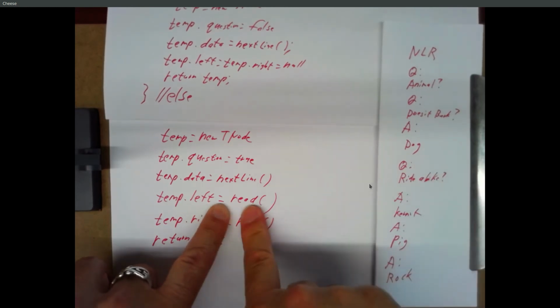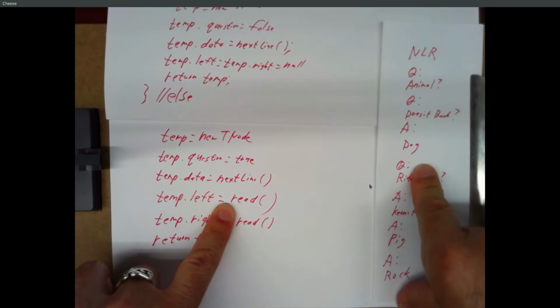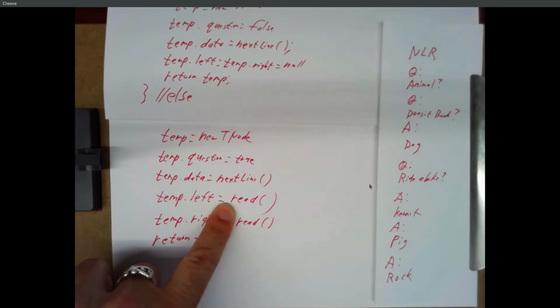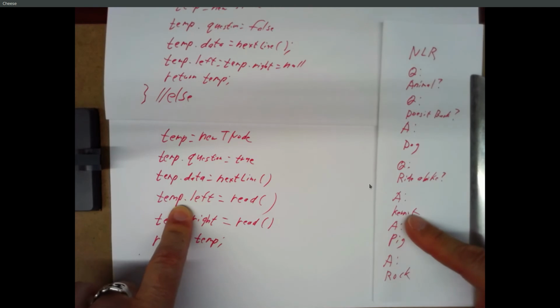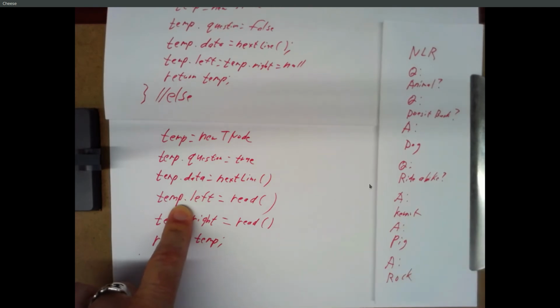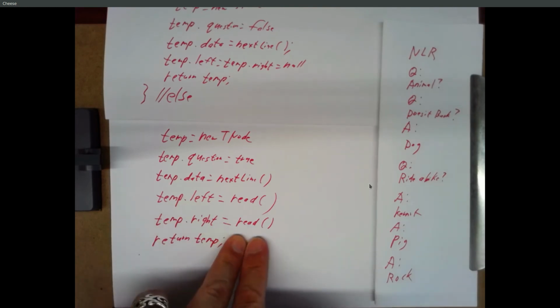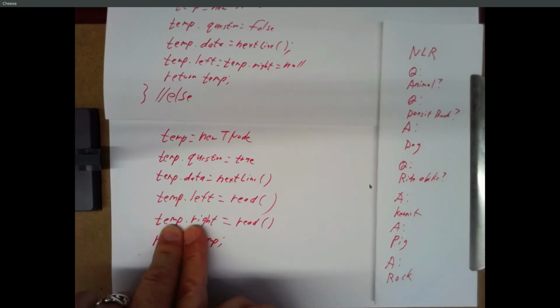And if read is going to consume an entire tree's worth of lines from this file, it should pick up exactly that left subtree that was written. And now we're setting the root node's left child to be that tree. And then if you continue in the file where that left off, the next thing should be the result of the right traversal. That's another binary tree, and read should pick that up, and now we set the right child equal to that.